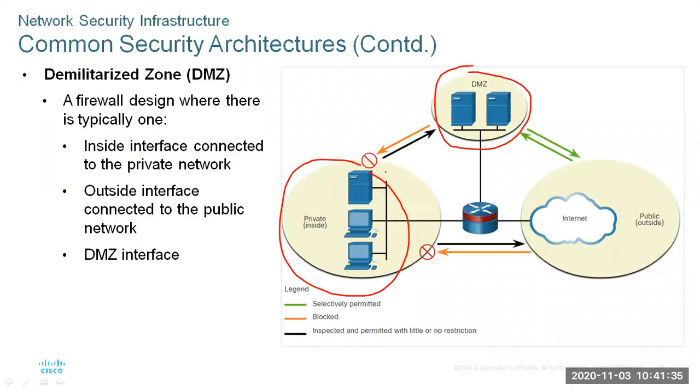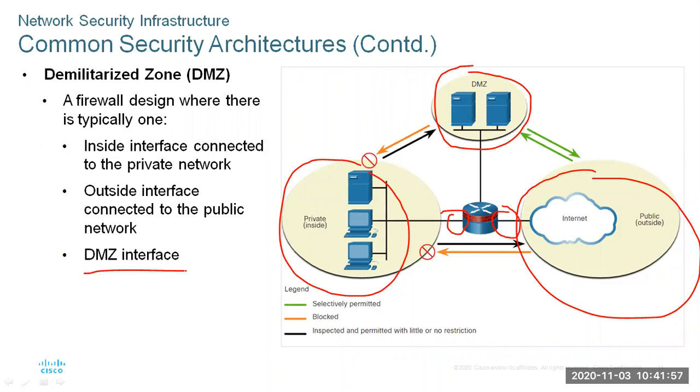Then you have one interface connected to the public network. This is the public network. Then you also have what we call the DMZ interface, another interface that is connected to your demilitarized zone.